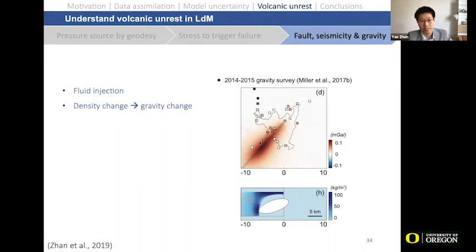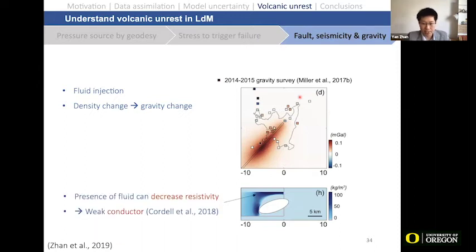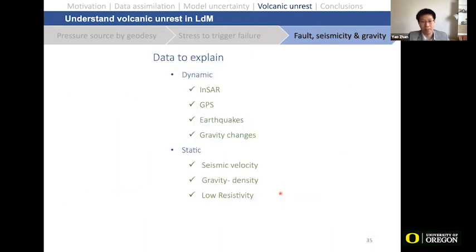We can see the model of the gravity change is somewhat consistent with the gravity survey by Miller et al. So far, so good. Also, one thing to notice is that if we have fluid going shallower, that fluid can decrease the electrical resistivity of the rock, which will create a weak conductor in the MT data. So far, we have explained all these geophysical observations.